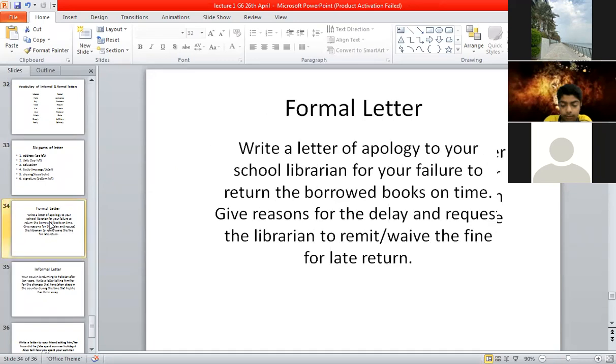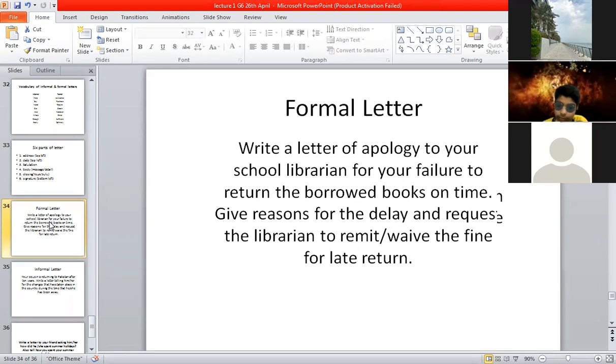Okay. So the formal letter is: write a letter of apology to your school librarian for your failure to return the borrowed books on time. Suppose you have borrowed books from the library and you could not return them on time.